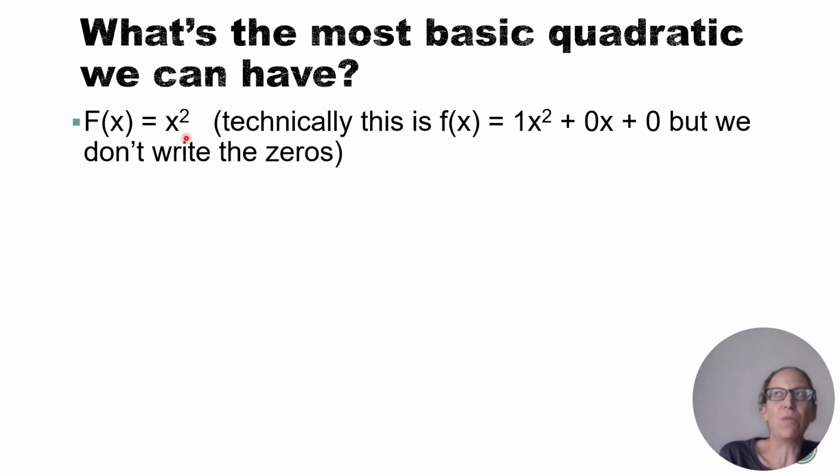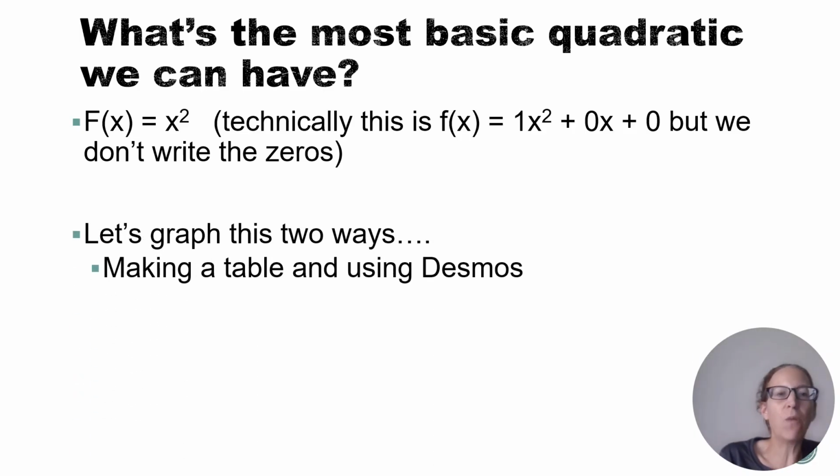We would be working with a horizontal line on the x-axis, and then we add the x squared to it. It's got the x squared, which is essential for it being a quadratic, but it doesn't have anything else from the linear piece to muddy it up. Now, we're going to graph this two ways. We're going to graph it by making a table, because I really want to emphasize that that's where our graphs come from.